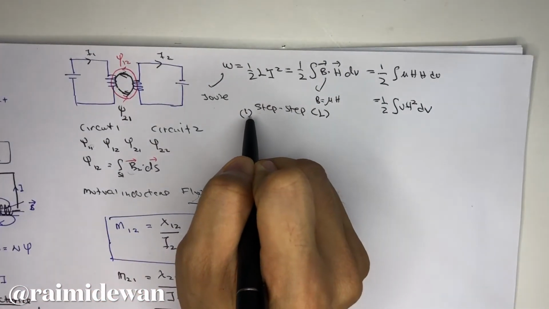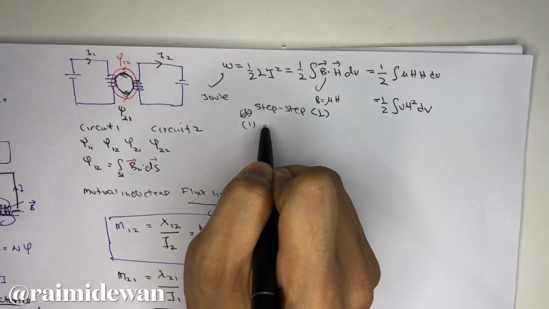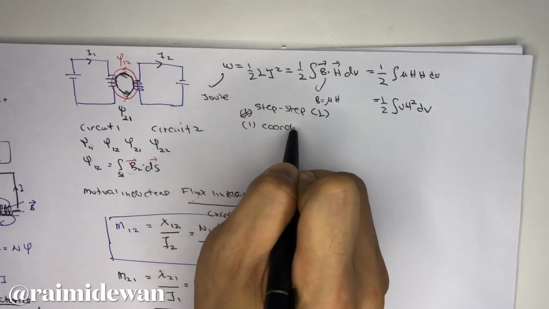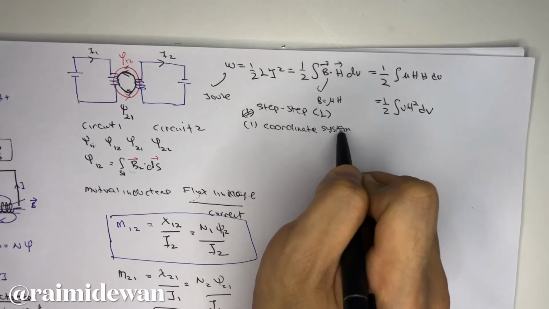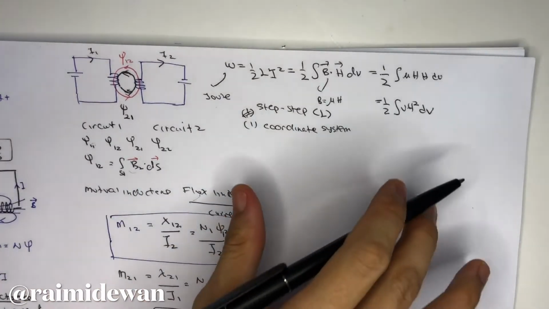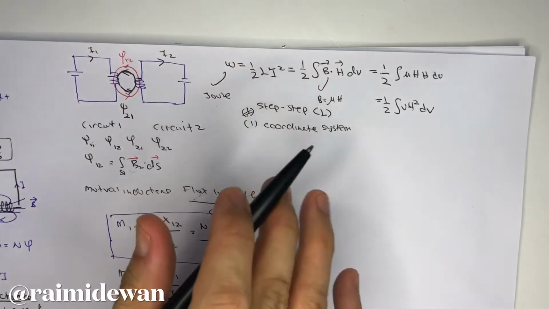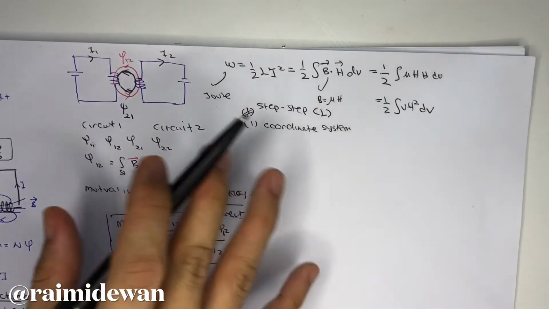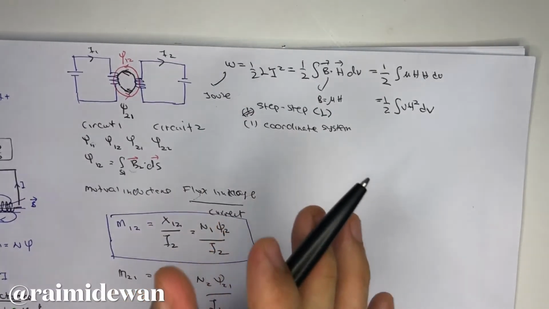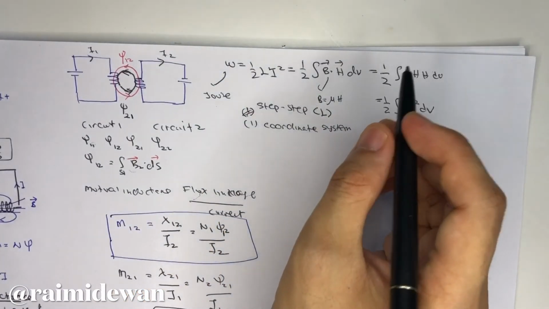So the first step is actually we need to find the suitable coordinate system. If you end up with a not really suitable coordinate system, you may find that you take a long step just to solve it. It will be lengthier than it is supposed to be, okay.